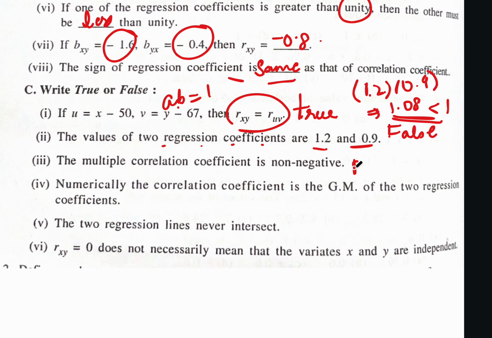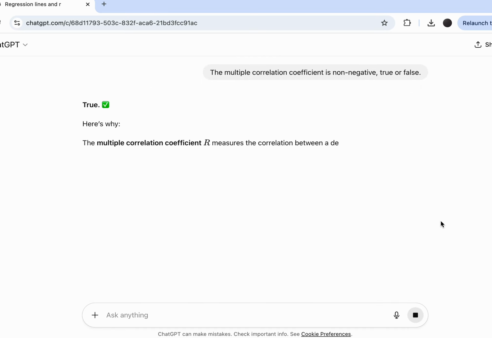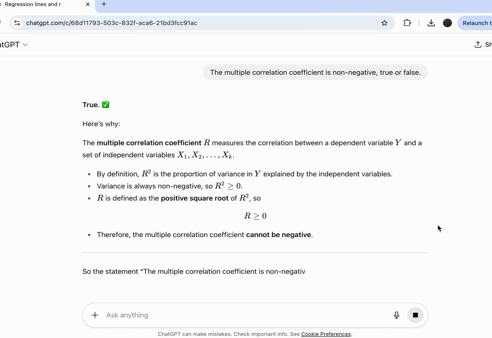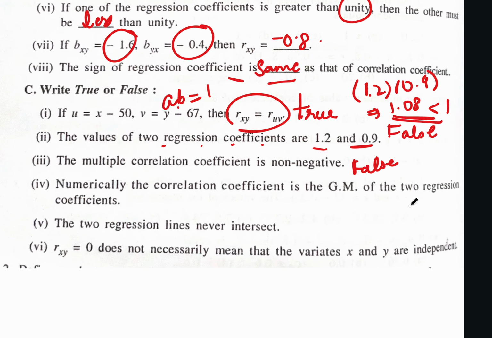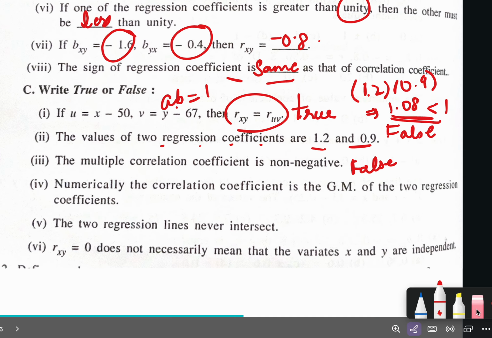Wait, actually. The multiple correlation coefficient is non-negative, true or false? Where is true? Wait.